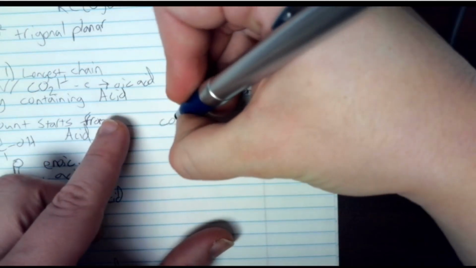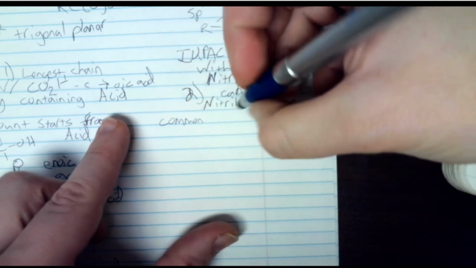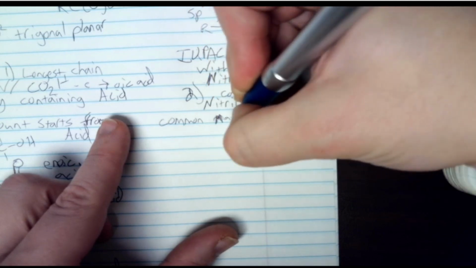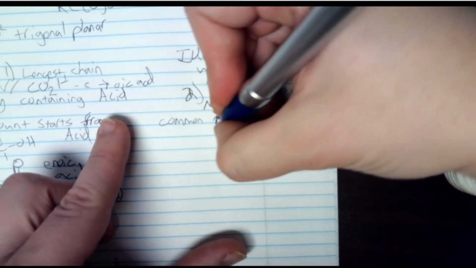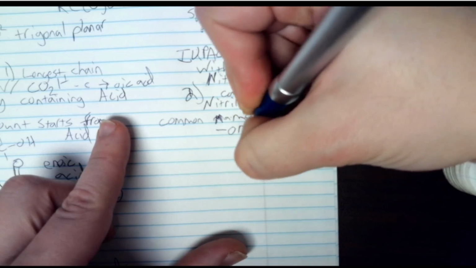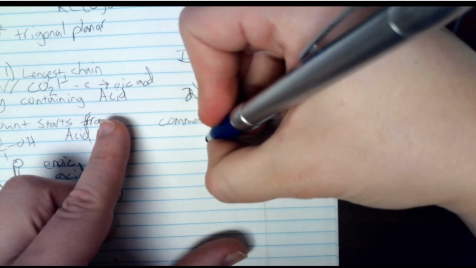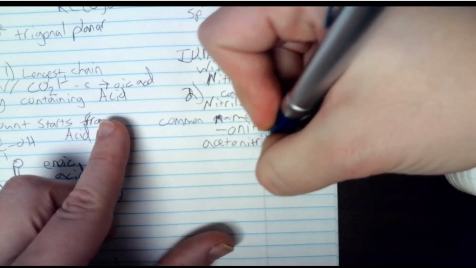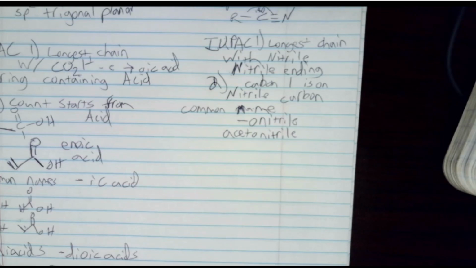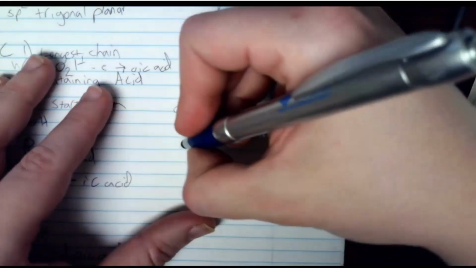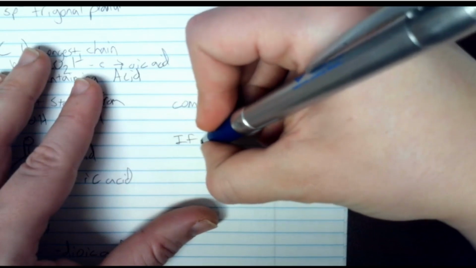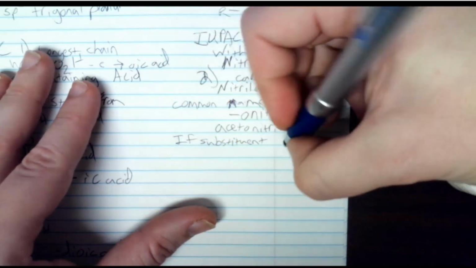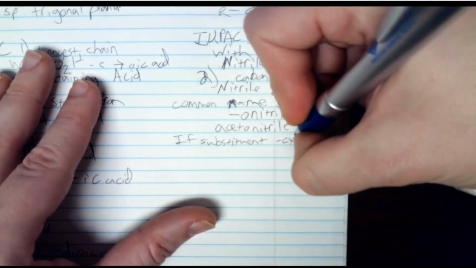If we're doing common names, the name is just whatever the common name is, and it adds the o nitrile. So acetonitrile would be ethane nitrile. If it becomes a substituent, it becomes a cyano group.